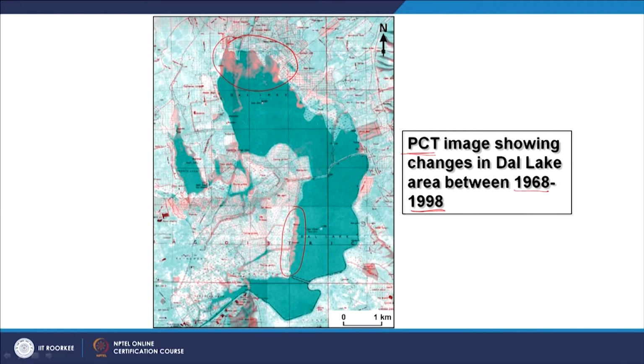So, if we want to see the changes which have occurred in the last 30 years, where the changes have occurred and how much, that can be detected through this pseudo color transformation technique, and that comes under this whole discussion of image merging or image fusion.